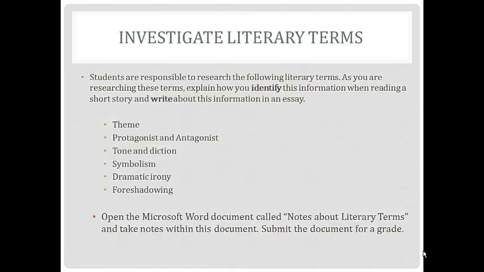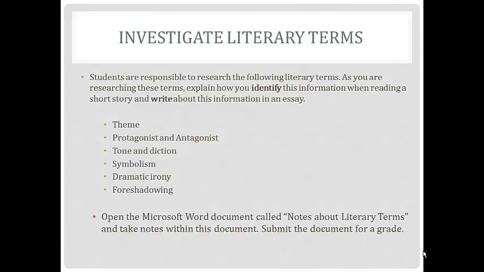So this leads into what you need to be able to do. Within this lesson, I've given a Microsoft Word document, and it's called Notes About Literary Terms. You need to take notes on this document and submit it for a grade. So you're responsible to research the following literary terms: theme, protagonist and antagonist, tone and diction, symbolism, dramatic irony, and foreshadowing.